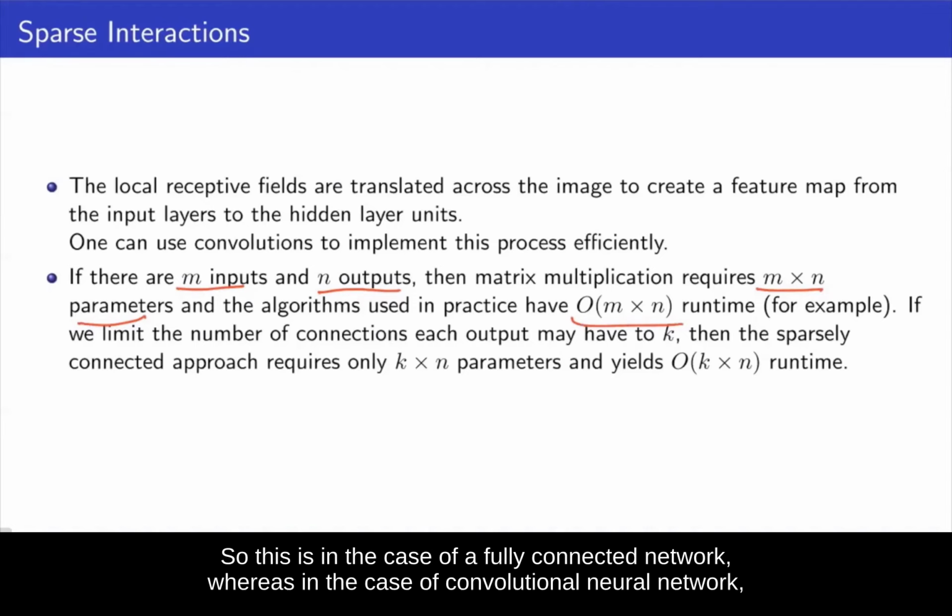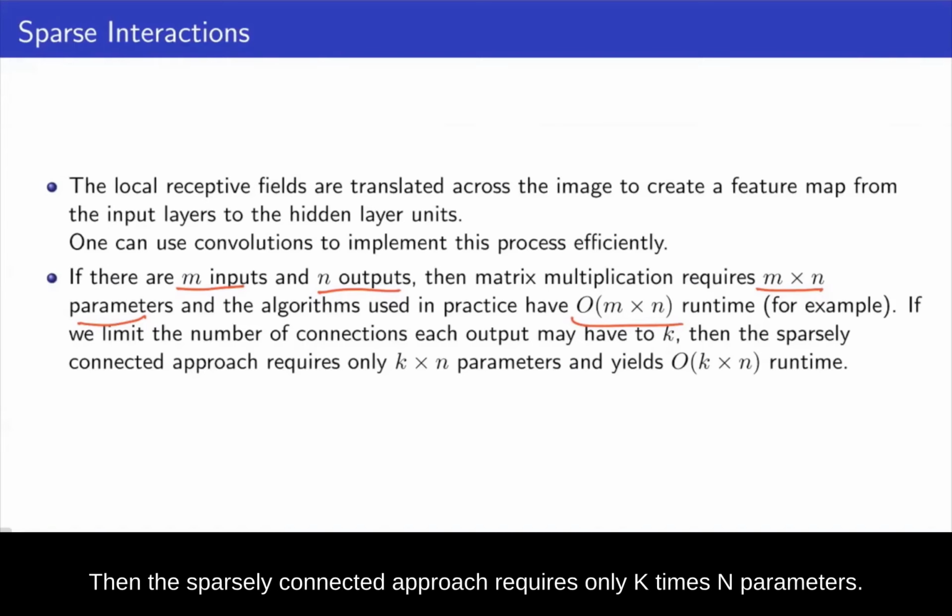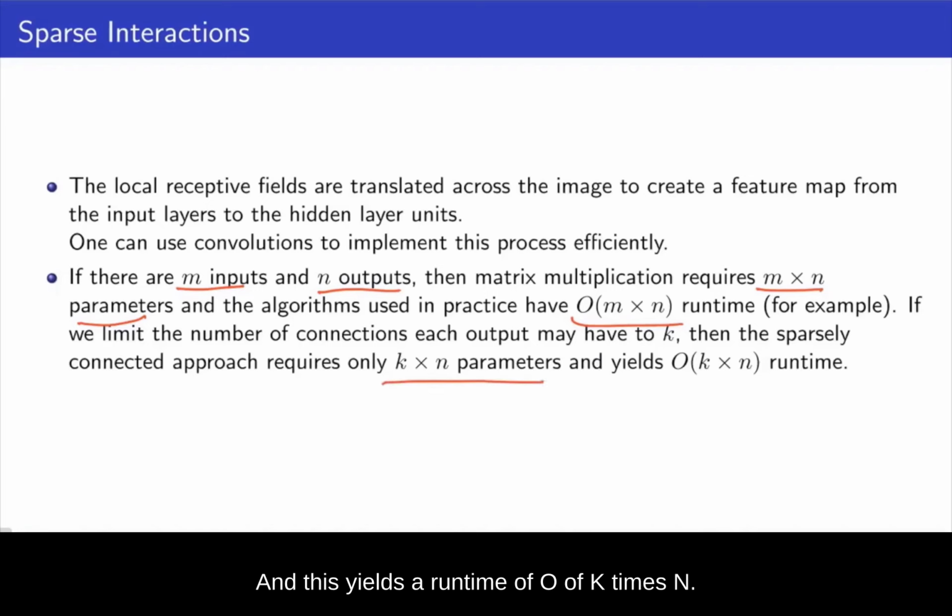This is the case of a fully connected network, whereas in a convolutional neural network, we limit the number of connections in the output to k, where k is the receptive field. Then the sparsely connected approach requires only k times n parameters, and this yields a runtime of O of k times n. And this is the case for convolutional neural networks.